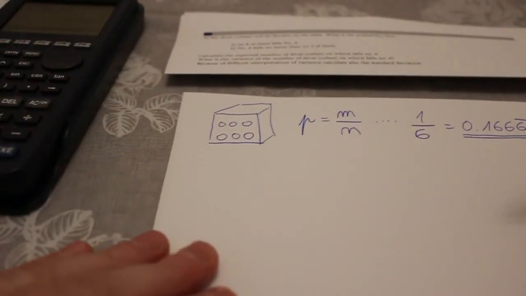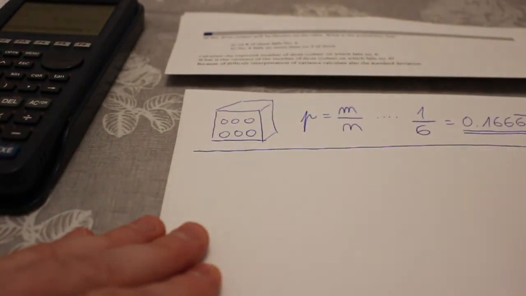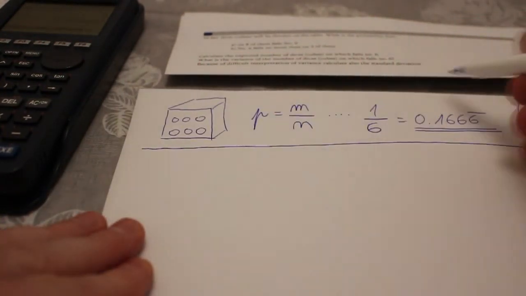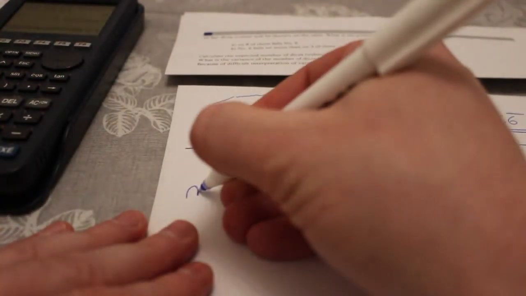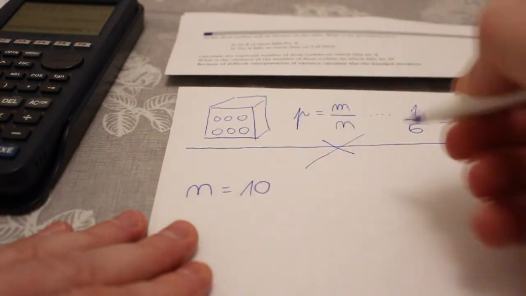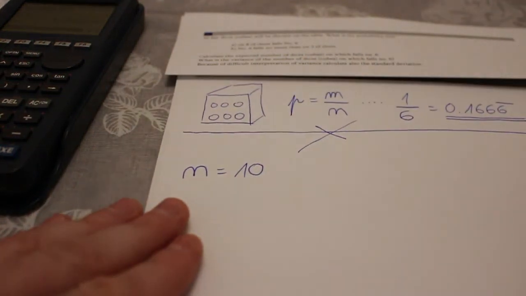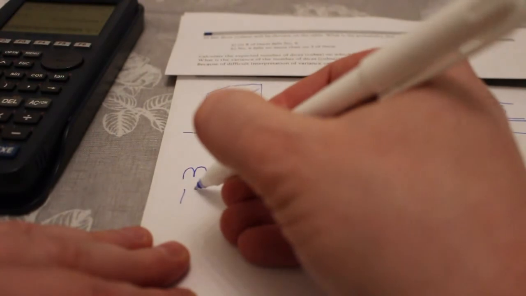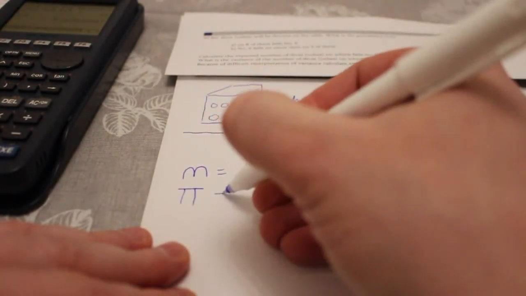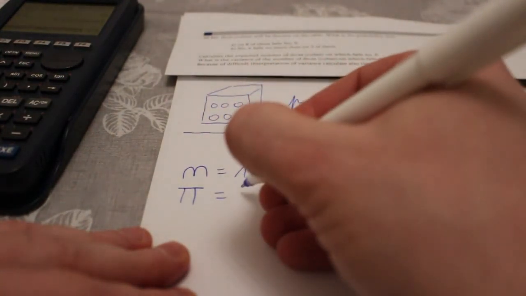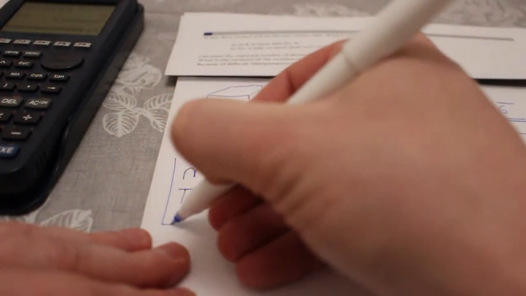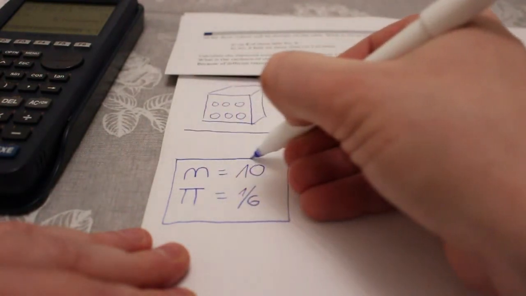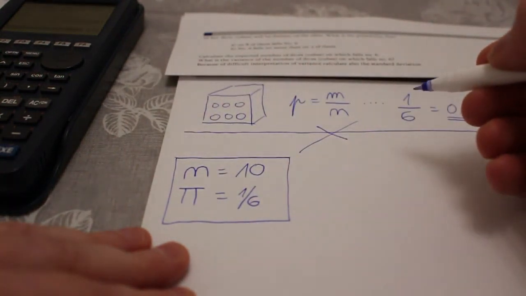So this is just the story, and I don't need this story anymore. I know that now I have 10 dices, 10 cubes, and the probability P that I will see what I want is 1 divided by 6. So this is our situation now.